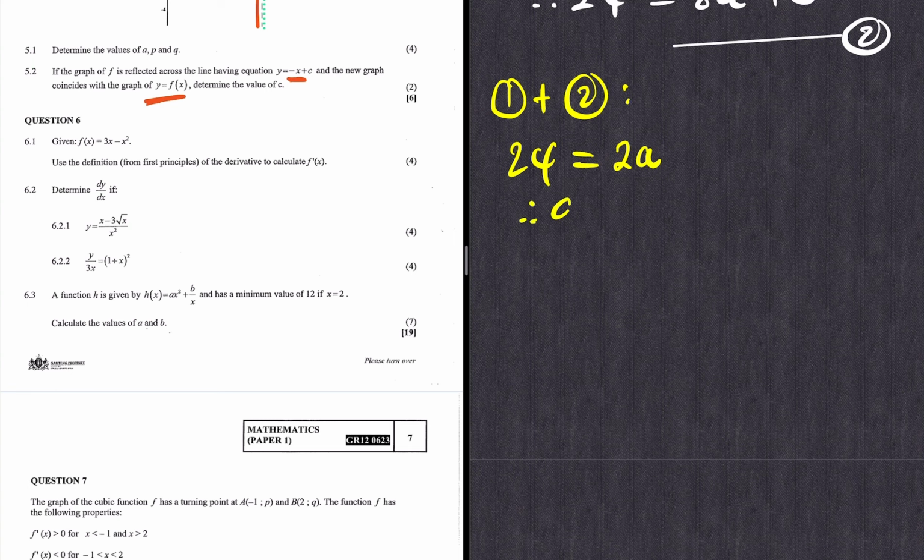So 24 equals 24a, therefore a is equal to 1.